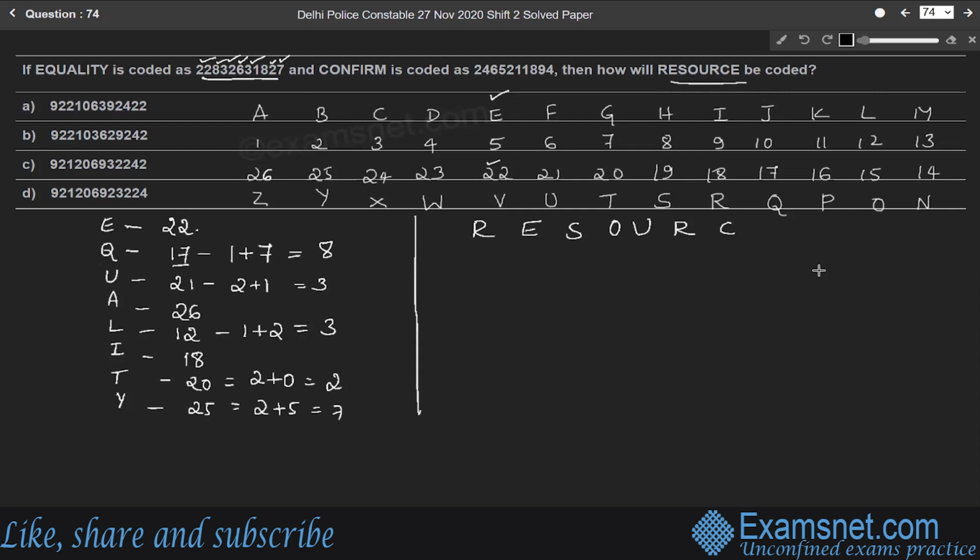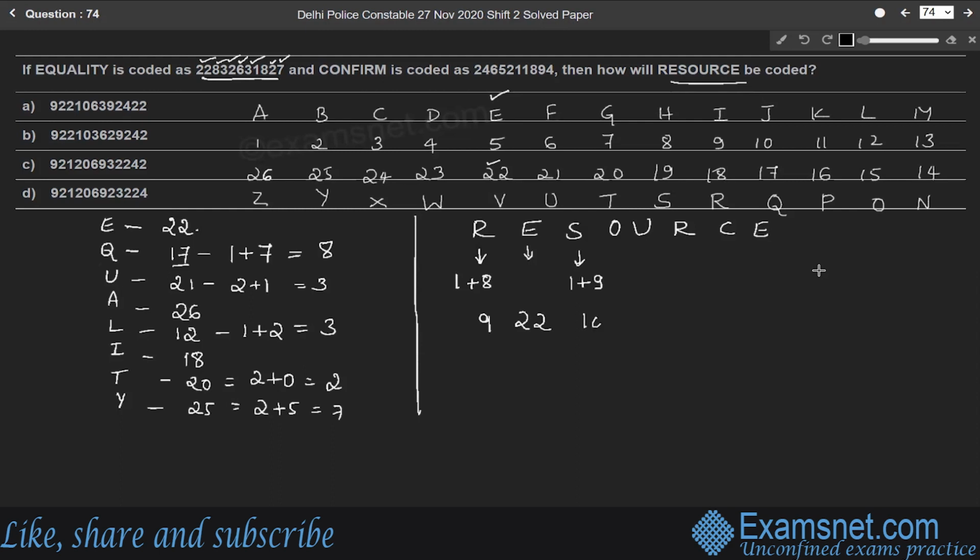Resource. So the positional value of R is 18. So 1 plus 8 is equal to 9. Whereas the positional value of E is 5. Since it is a single digit number, E is coded as 22. Right? Whereas the positional value of S is 19, that is 1 plus 9, which is 10.